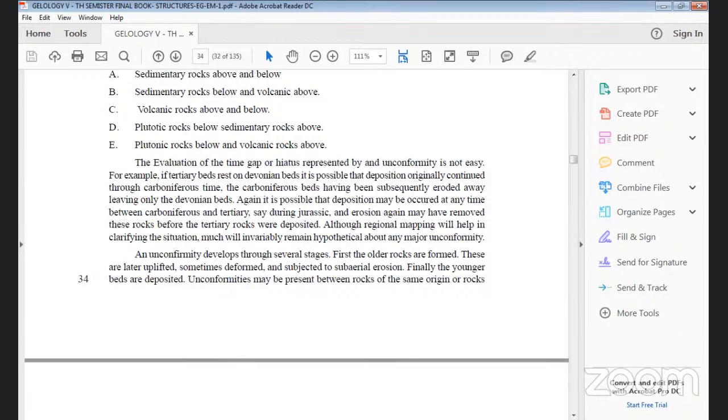An unconformity develops through several stages. First, the older rocks are formed.